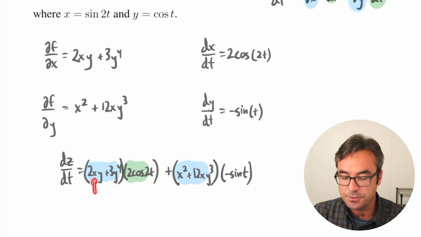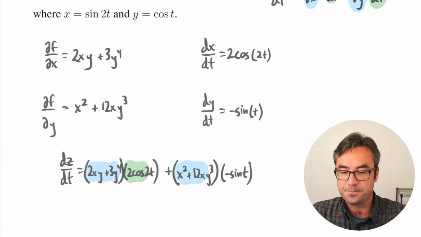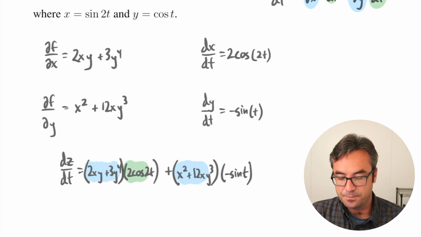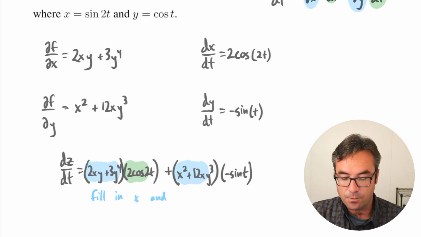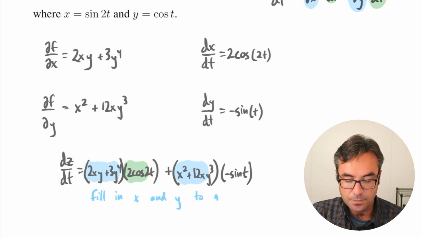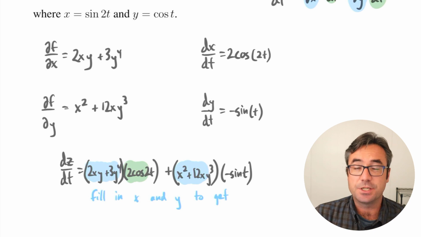So we would fill those in wherever we see an x and a y. So just a little note here. We can fill in x and y to get this derivative all in terms of t.